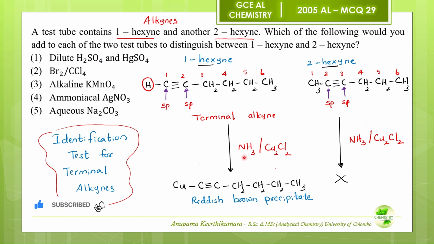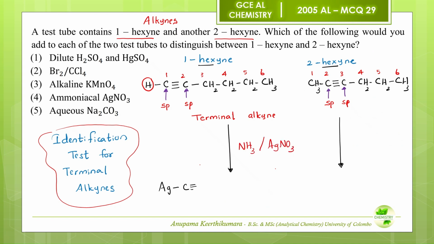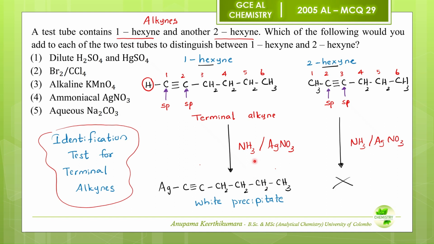Ammoniacal copper(I) chloride gives a reddish brown precipitate with terminal alkynes, but this doesn't give any precipitate with other alkynes. Ammoniacal silver nitrate gives a white precipitate with terminal alkynes, but it doesn't give any precipitate with other alkynes.